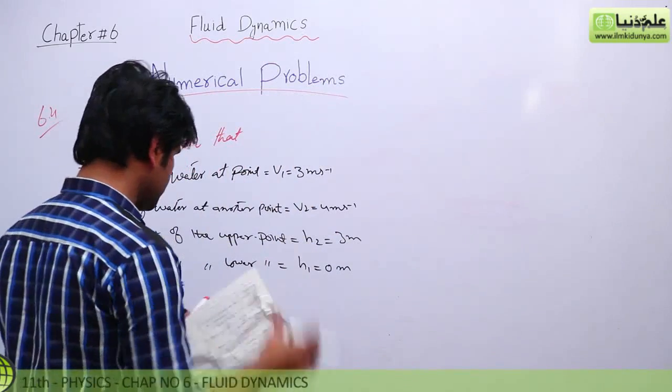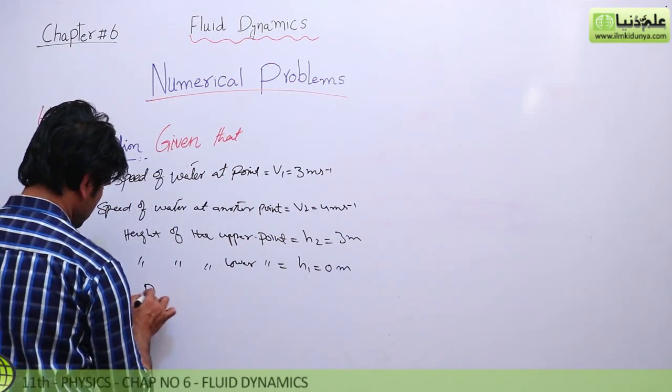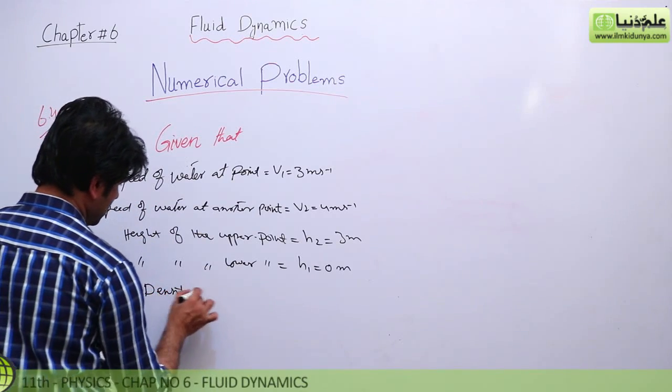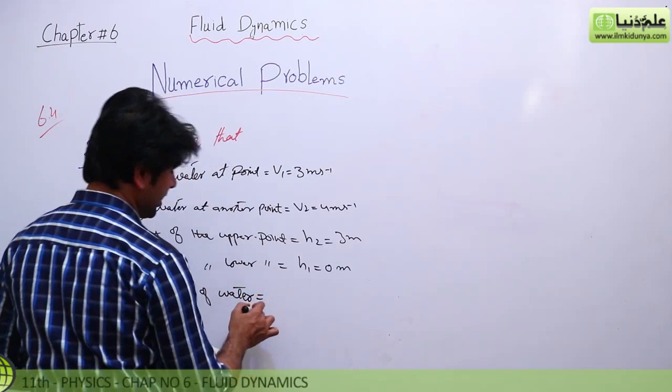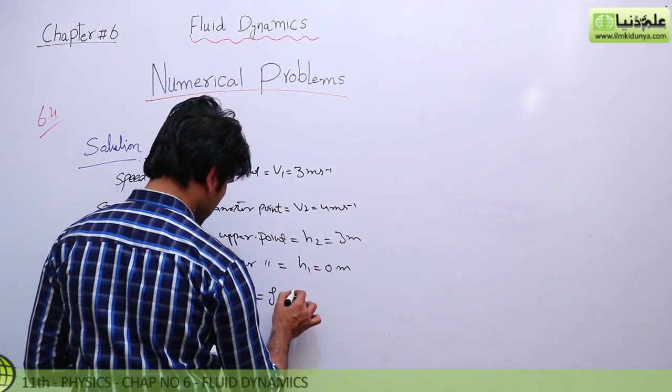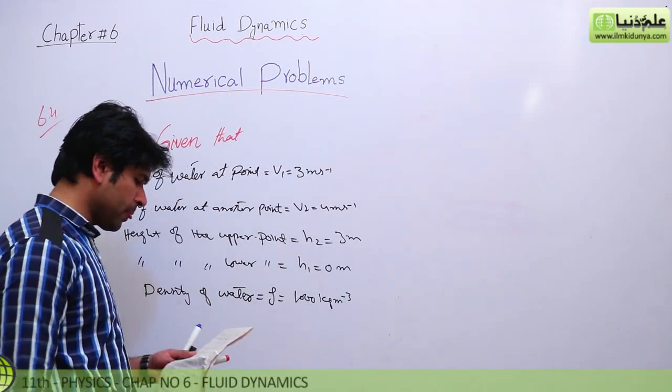Now another thing, the density of water. You should have an idea of the density of water: rho equal 1000 kilogram per meter cube, which is fixed for water.